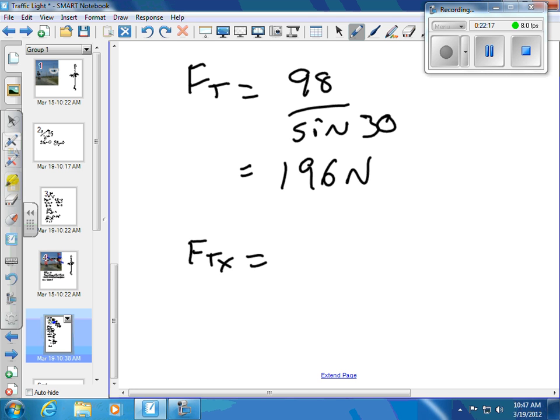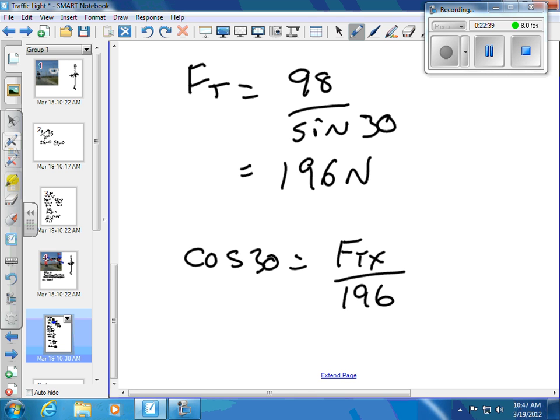Actually, I did that sort of backwards. Should say it like this. We have cos 30 equals adjacent over hypotenuse.